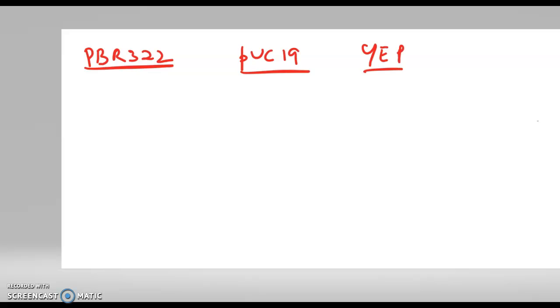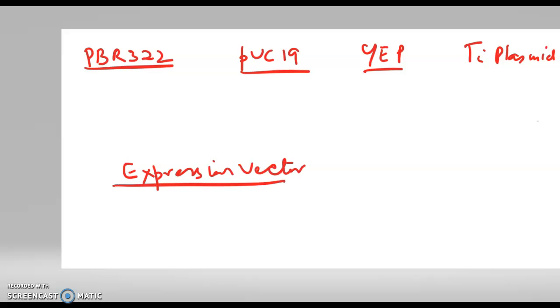The first plasmid was pBR322, second pUC19, third yeast episomal plasmid, fourth Ti plasmid, and fifth the expression vector. pBR322 mainly has two antibiotic resistance genes. pUC19 has multiple cloning sites.